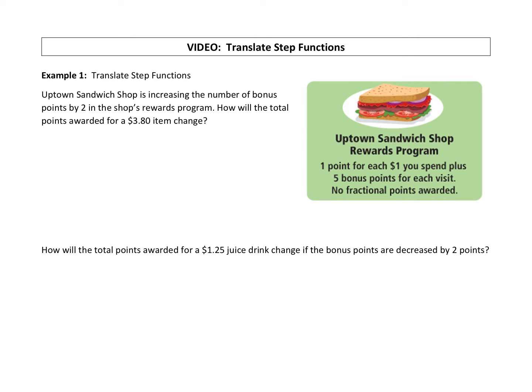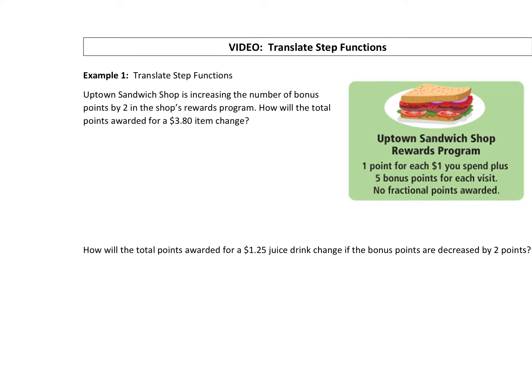So let's just write a little, here. All right, so we're going to have a before function. All right, so our reward points, we'll just say f of x, that's going to be total reward points.